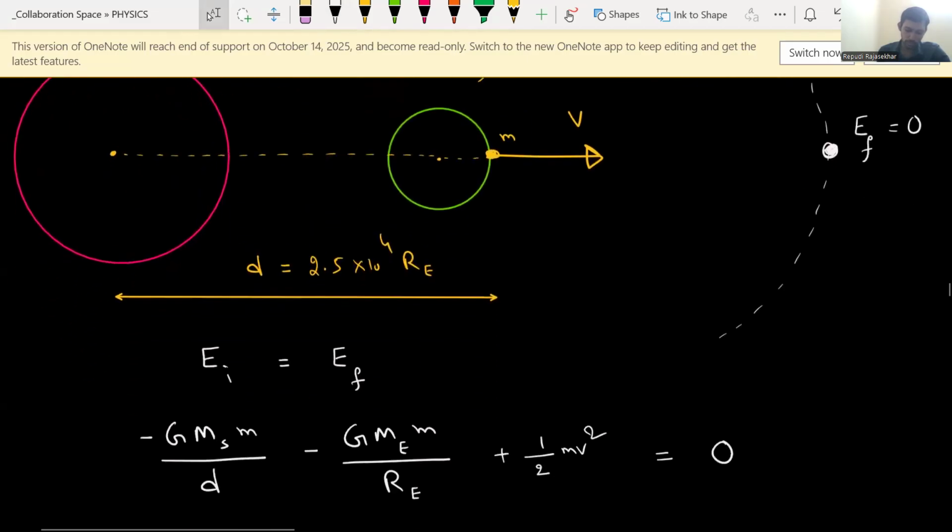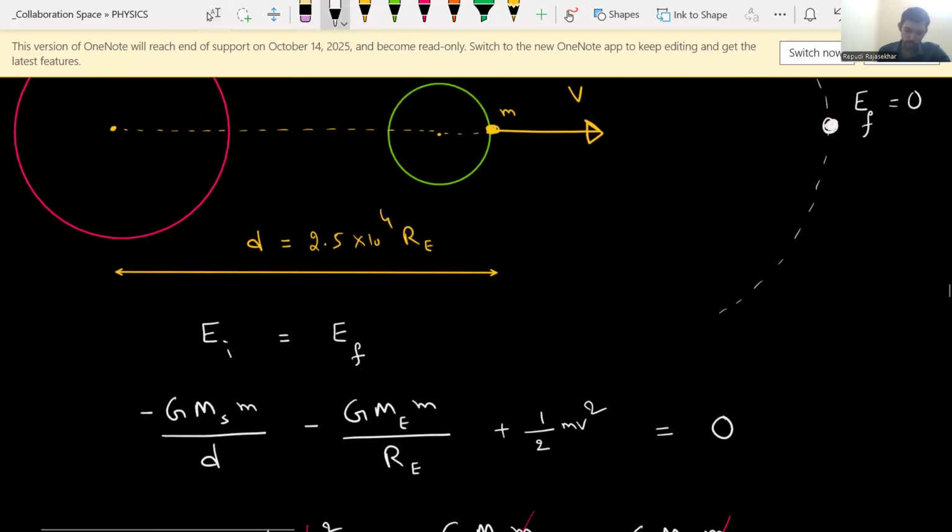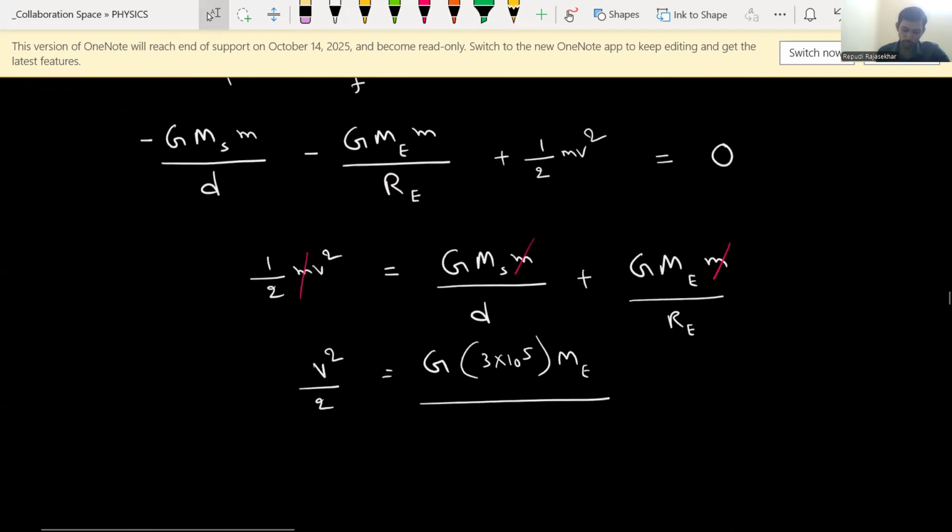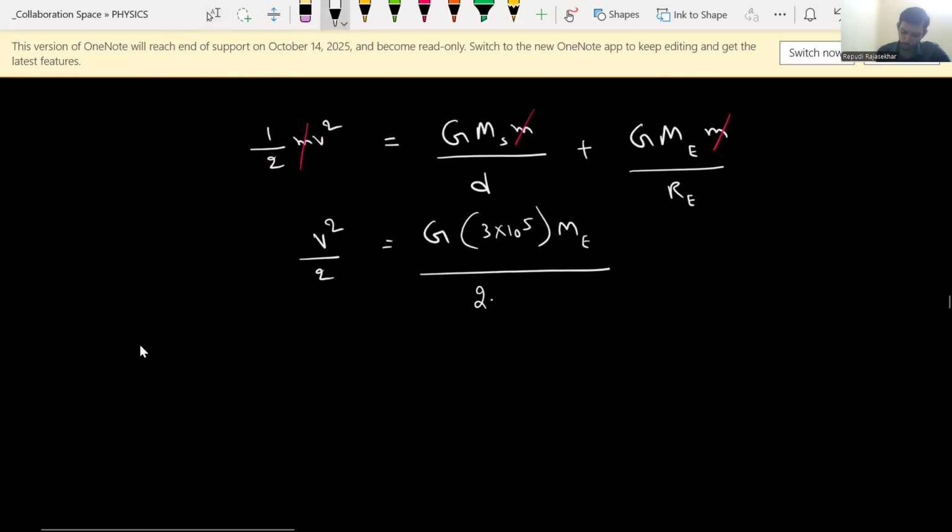Distance of the sun to the planet initially is 2.5 into 10 to the power of 4 times the radius of the earth. This is the distance given in the question itself, plus g into Me divided by Re.